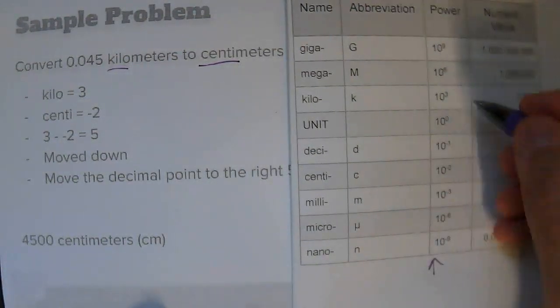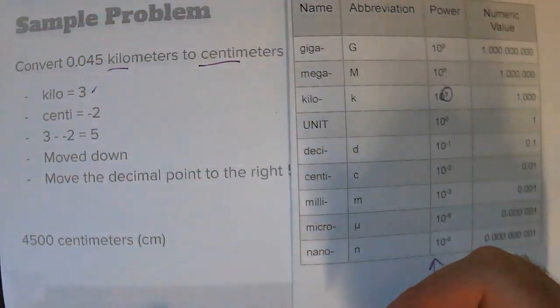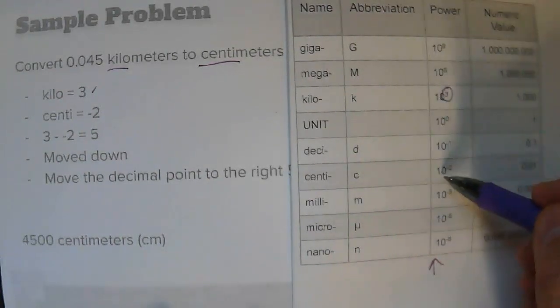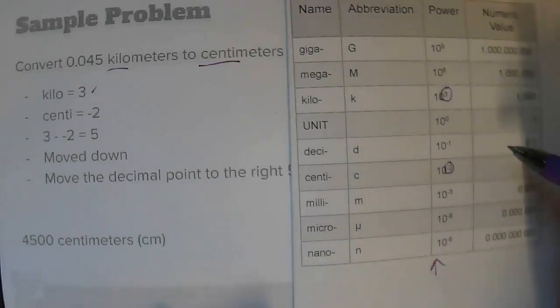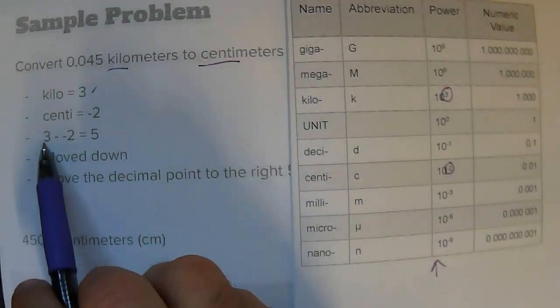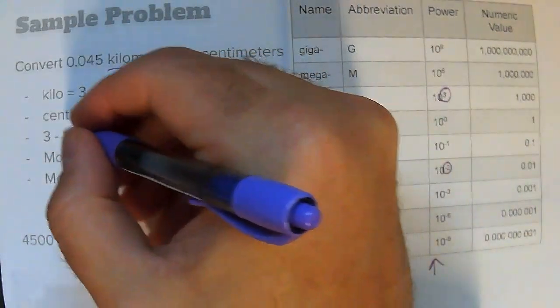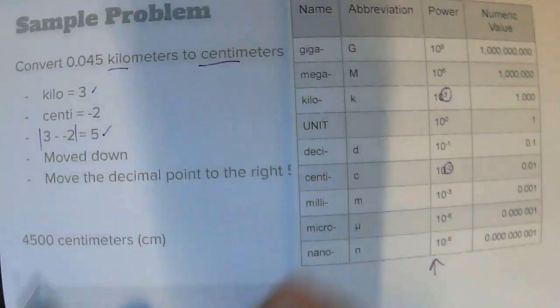Kilo is what power? 3. So we wrote a 3. Centi, when centi's on the list, we go down, we find centi, and that's -2. So the difference between 3 and -2, you do 3 minus -2, is equal to 5. And we do the absolute value, so this is going to be 5.